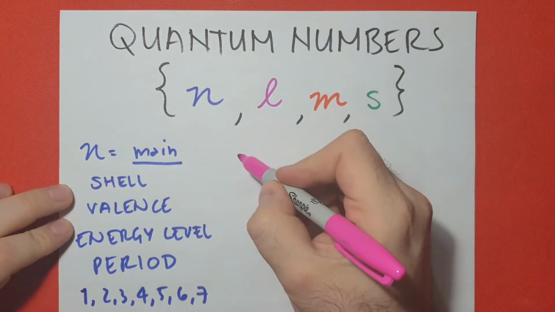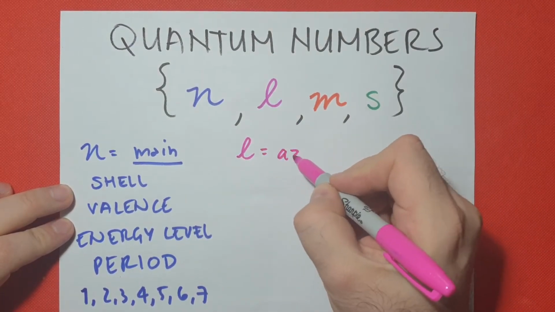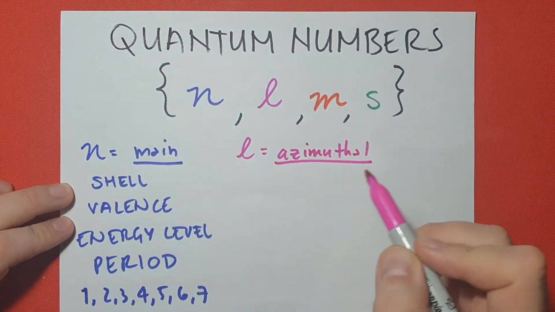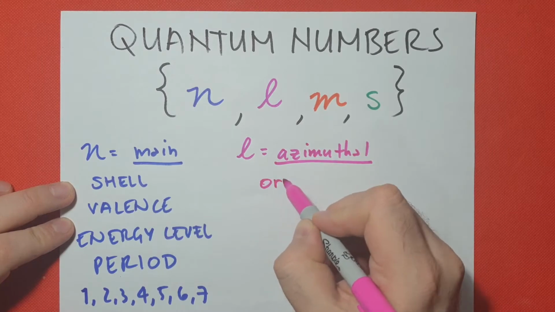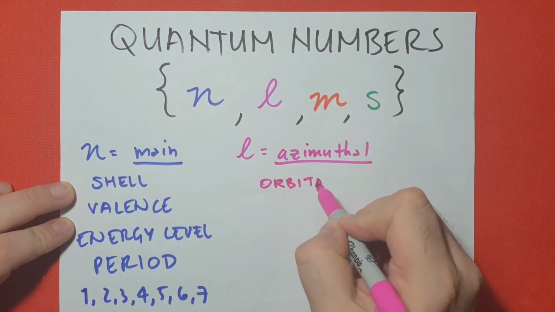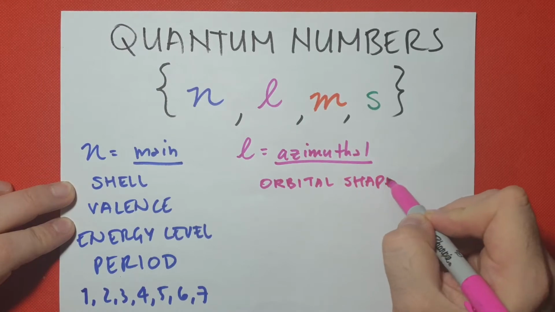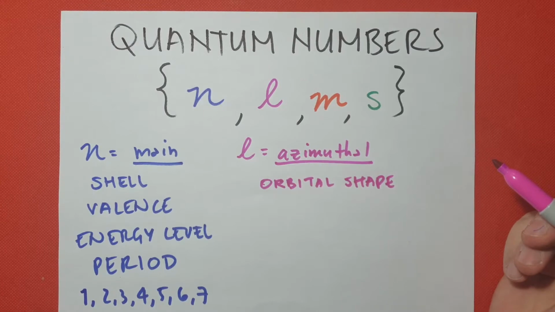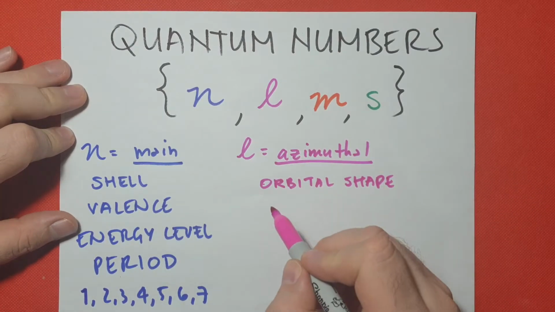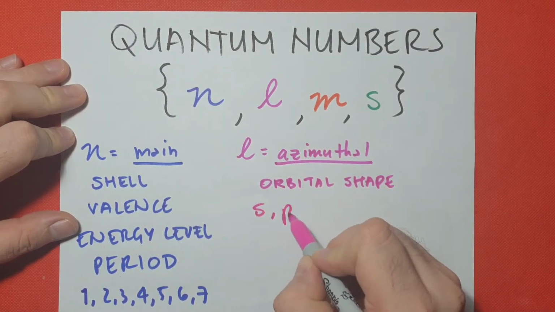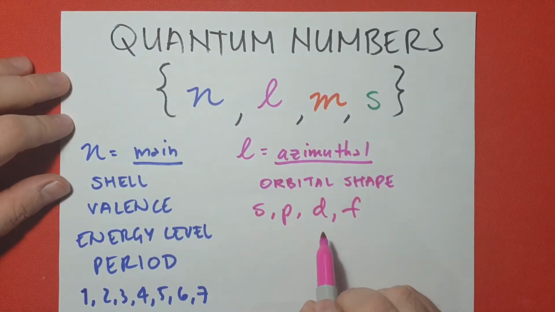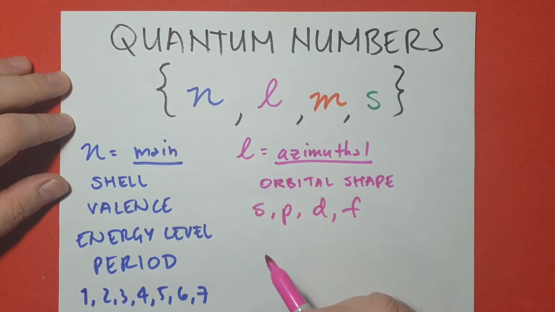Then we have L, which is called the azimuthal quantum number. And the azimuthal quantum number is also synonymous to speaking about orbital shape. In other words, it tells us what type of orbital we're on. Our last electron, what orbital shape it's on. So if we remember the orbital shapes, they're S, P, D, and F. And these letters are going to correspond to specific integers.